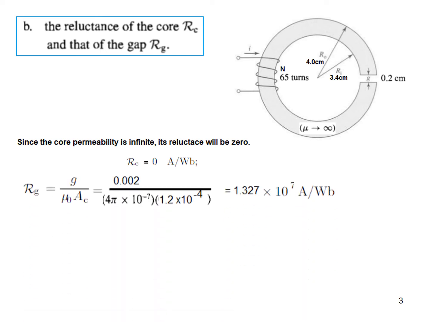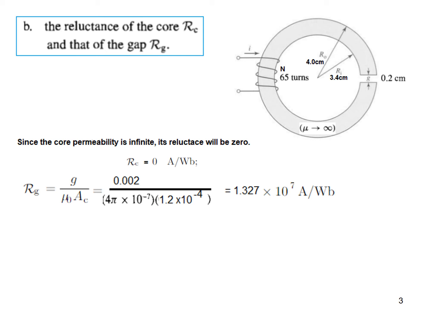Now for Rg we'll use the formula that we know. It is the gap dimension divided by the permeability of air, 4 pi 10 raised to the power minus 7, and the cross-sectional area.